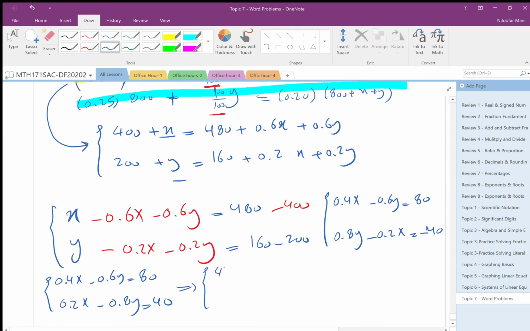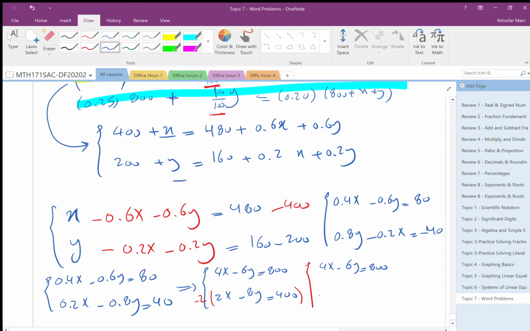So I have 4x minus 6y equals 800, and 2x minus 8y equals 400. Then I multiply the second one by minus 2, and write it here.